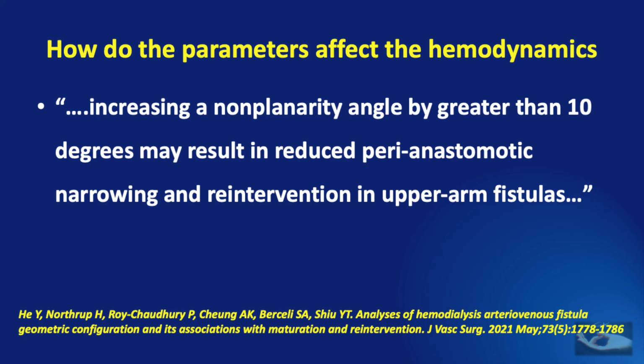So, increasing a non-planarity angle by greater than 10 degrees may result in reduced perianastomotic narrowing and re-intervention in upper arm fistulas. There was no mention about the distal radio-cephalic fistulas where a reduced non-planarity angle is always better.